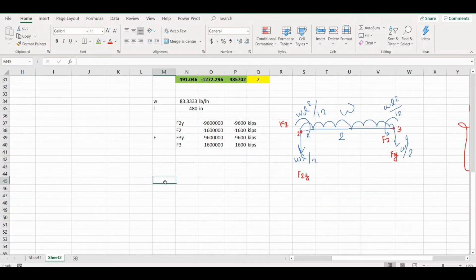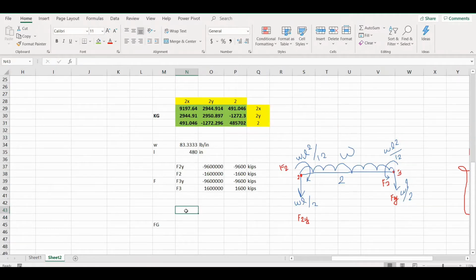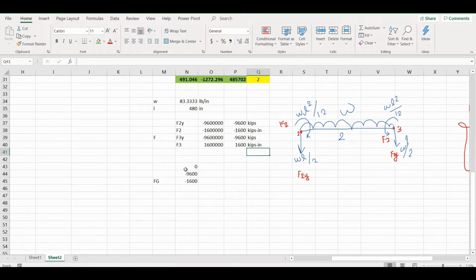So our force vector for this degree of freedom will be 0 in the 2x direction, and then in 2y we'll have this, and in 2 we'll have this. This is kips inch. Okay, and this will be our global force vector here.